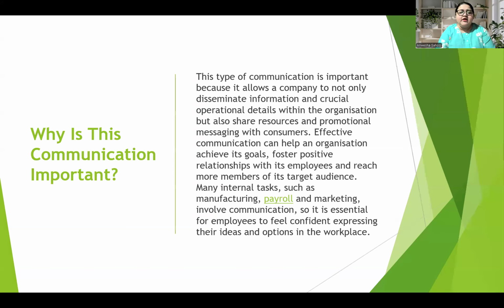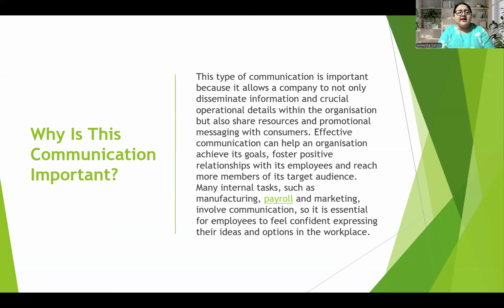Moving forward, why is this communication important? This communication is important because it allows a company not only to disseminate information and crucial operation details within the organization, but also share resources and promotional messaging with the consumers.